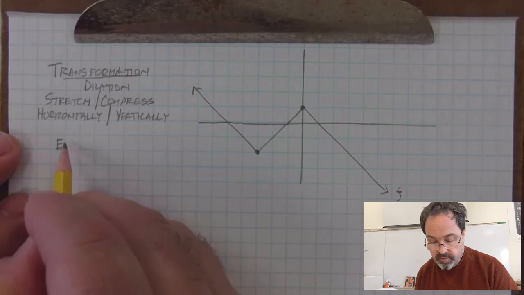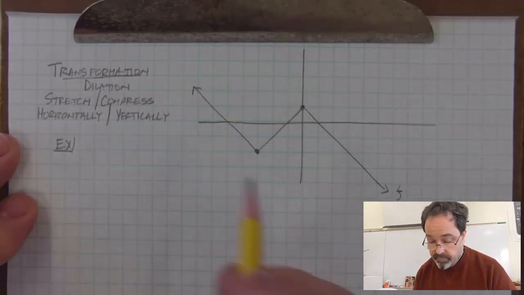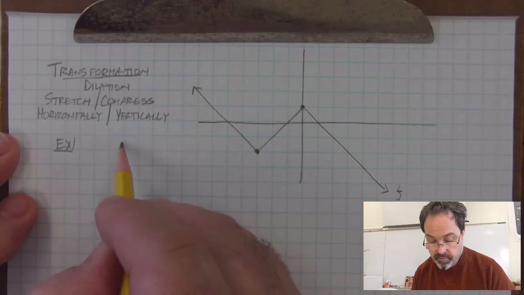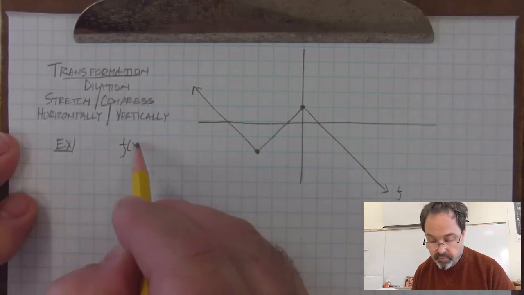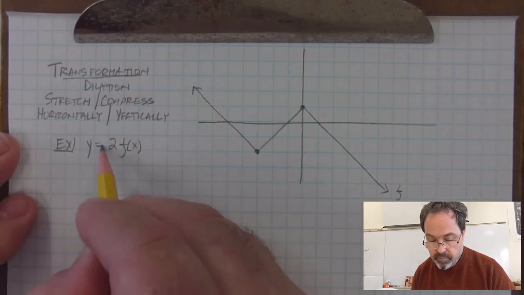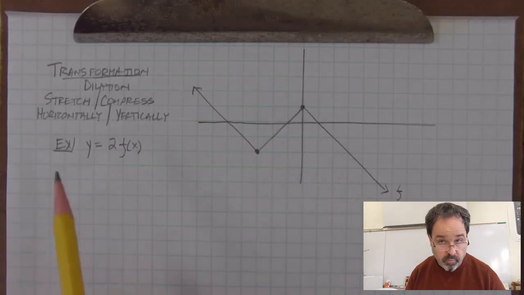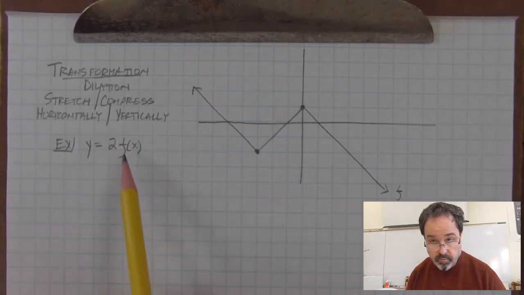So let's give an example. If I have the f function, I can think of a transformation by multiplying the entire function by 2. So we have a new function twice the magnitude of the old.